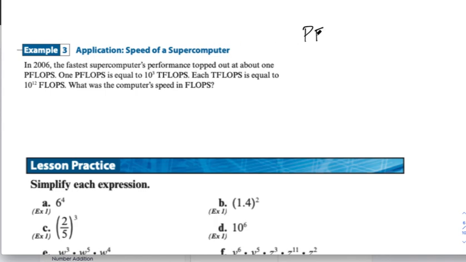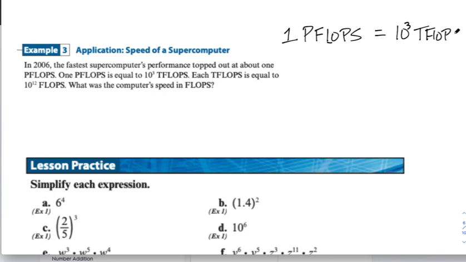So I'm going to write that bit down. One pflops, I don't know what that is. Should be an S there. Okay, whatever. One pflops, you see I'm struggling, is equal to 10 to the third tflops. Okay, got it.